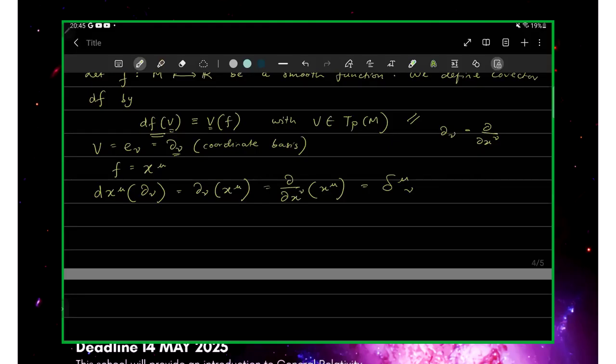And this actually gives you a very strong statement. That means that the dual, or basically covectors and vectors, when they are acting on each other, give you the Kronecker delta, right?